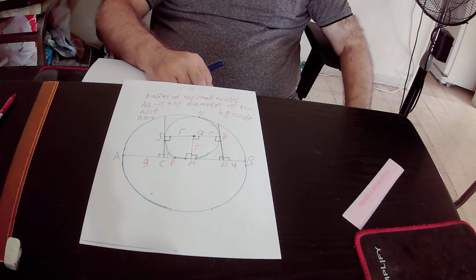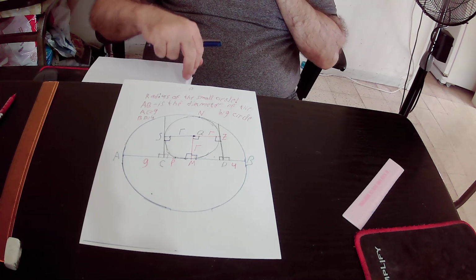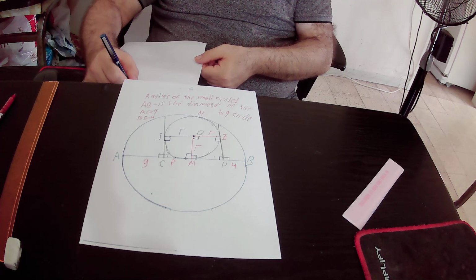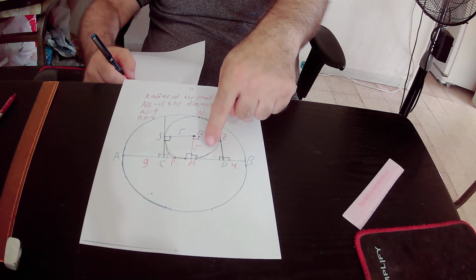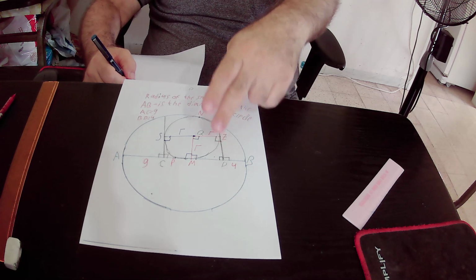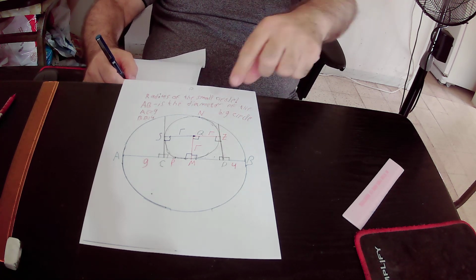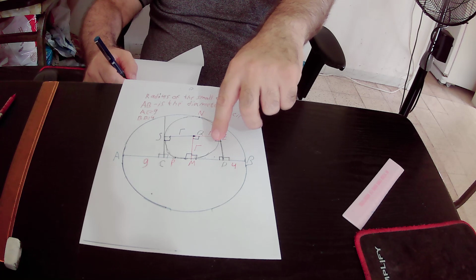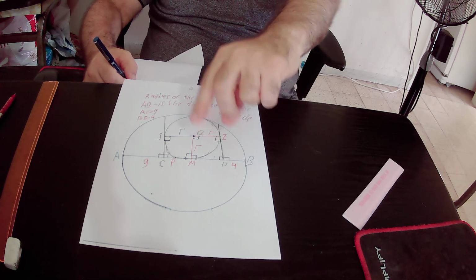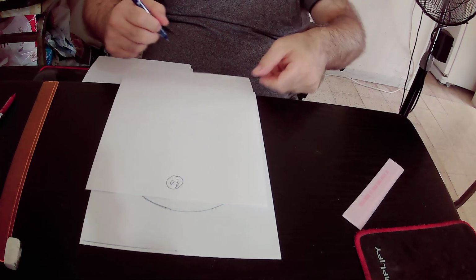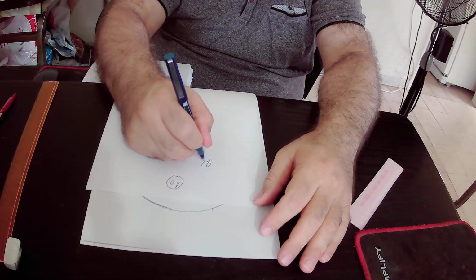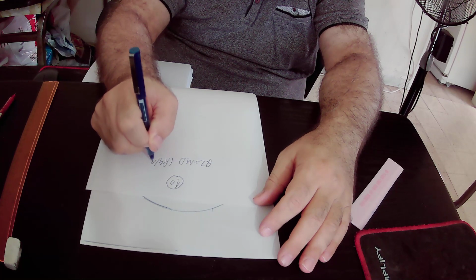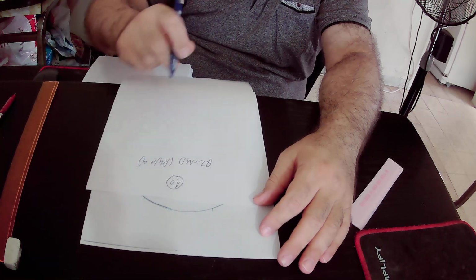So actually we know that quadrilateral QZMD is a rectangle according to rule number 3 because it has 4 right angles, and therefore according to rule number 4 the opposite sides of this rectangle are equal to each other, that is to say QZ equals to MD.